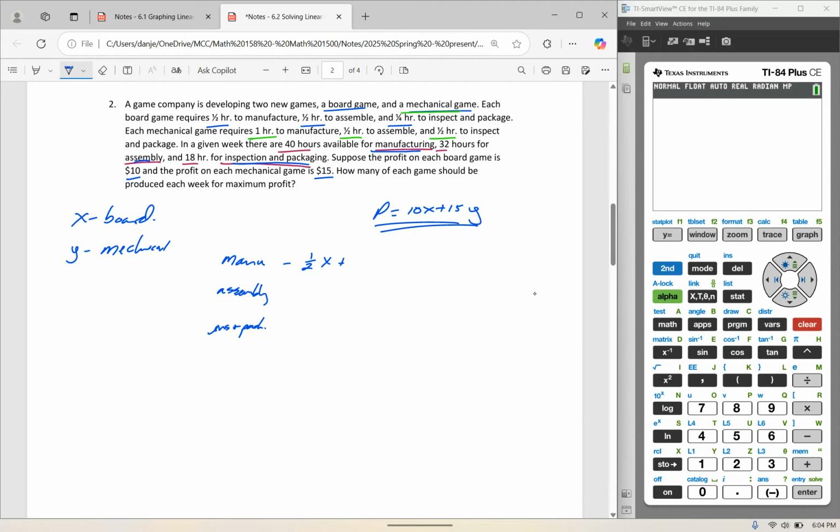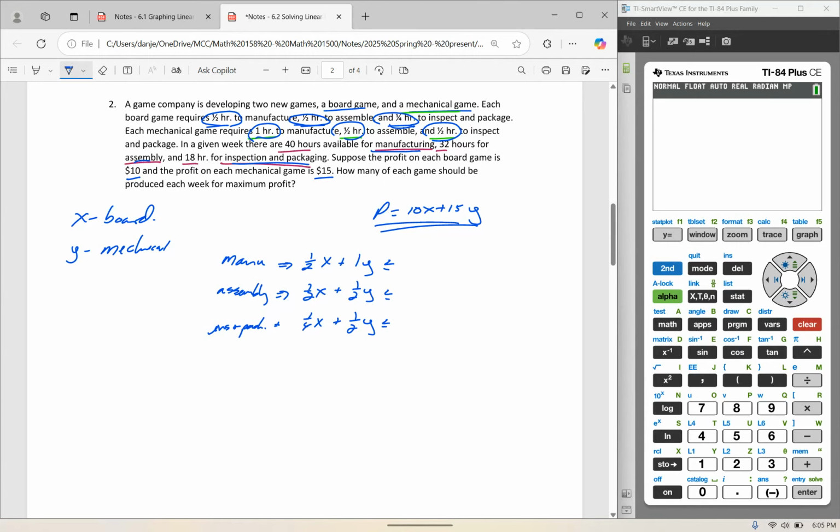A board game: half an hour to manufacture, a half an hour to assemble, and a quarter of an hour to inspect and package. That's all for the board game. For the mechanical game, it's 1 hour to manufacture, half an hour to assemble, and a half an hour to inspect and package.